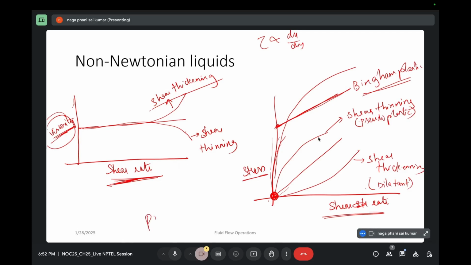If you take the example of paste, it will not be moving initially, even if you apply a slight amount of pressure. You have to cross the threshold, apply this much amount of force, and only after that will it start flowing. So this type of fluid is called Bingham plastics. Toothpaste comes under Bingham plastics, and also chocolate, and clay suspensions. All these liquids come under Bingham plastics.